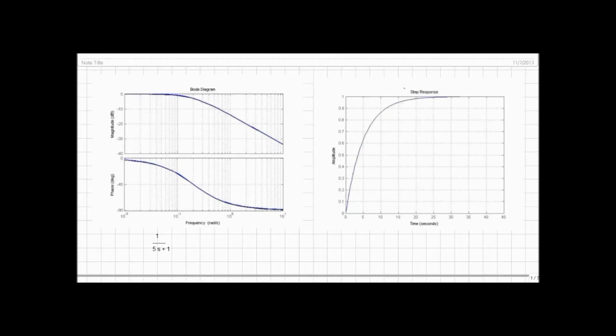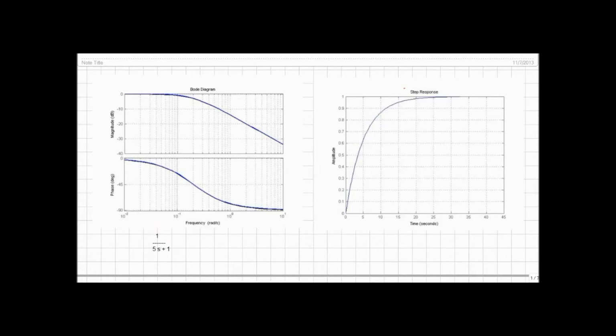I've created Bode plots and step response plots for all of these, and for reference I threw in the actual transfer function I used to create these just so we can see what kind of results we get. Now I will point out, the first thing we want to do in a first order system is we have two things to find. We have the gain, which in this case is just 1, and it is in all these cases.